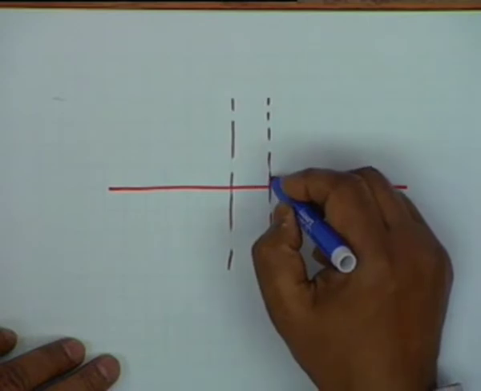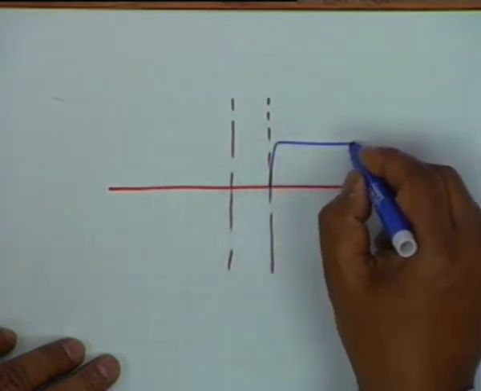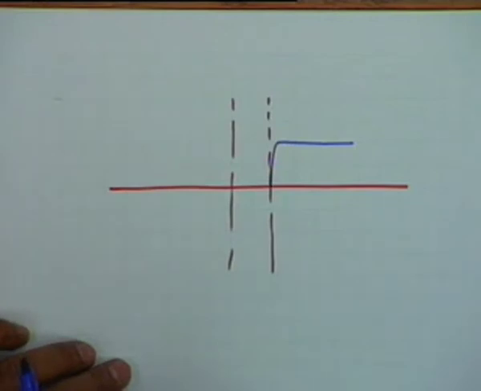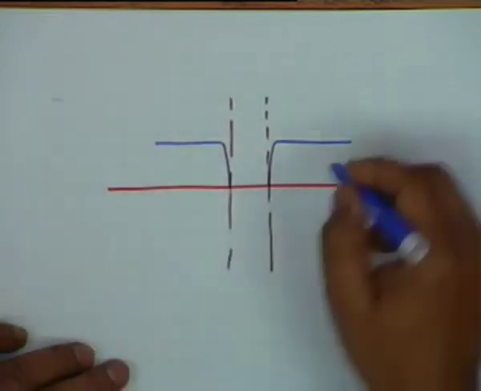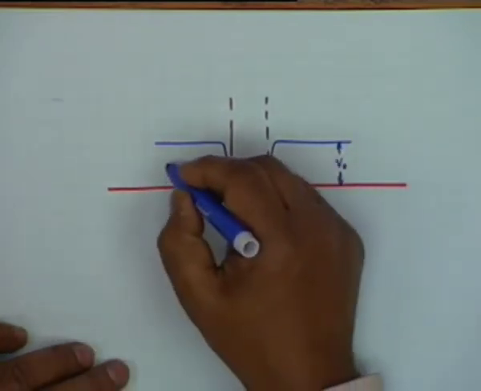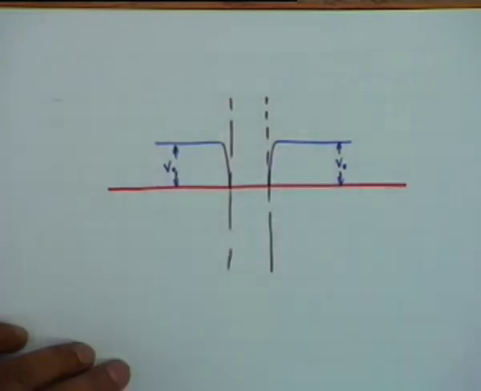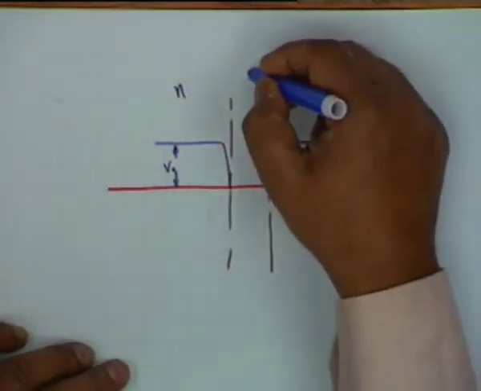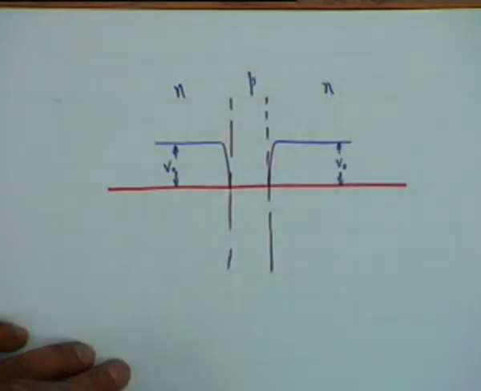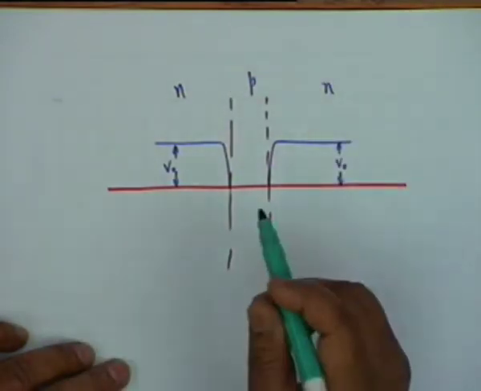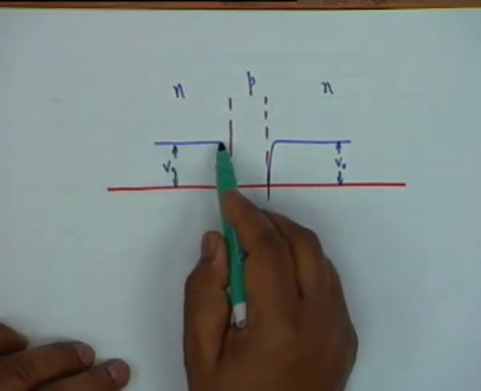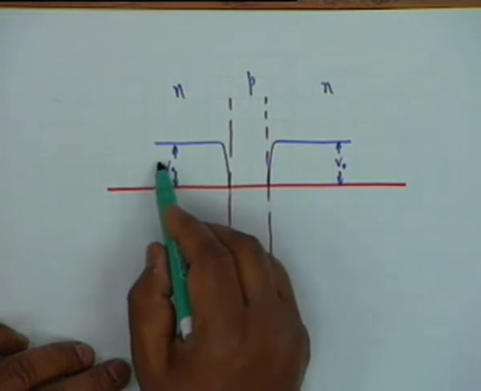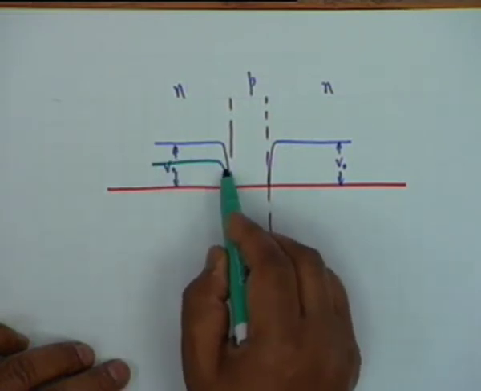Then you know normally there will be a junction potential or potential barrier at both the junctions, and when the transistor is open circuited, both of these will be of height, let's say V0. This is N, this is P, and this is N. If the input junction, that is the emitter base junction, is forward biased, then this barrier shall come down. So with forward bias it would be something like this.